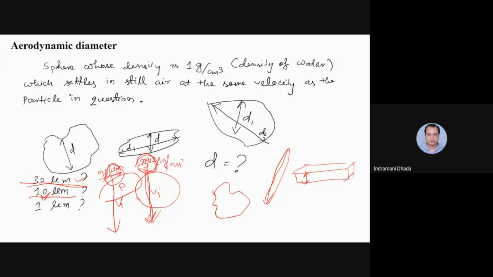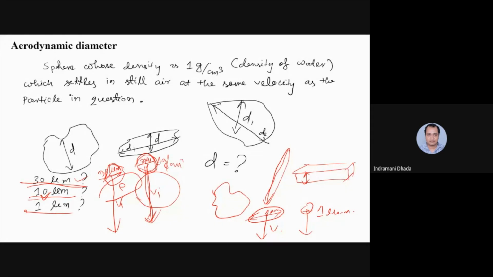Suppose I am talking about a 1 micrometer particle. That means if the standard particle has a diameter of 1 micrometer and density of 1 gram per cm cube, it is in free fall with velocity v, and the particle in question is falling at the same velocity, so we can assume that the diameter of this particle is 1 micrometer.